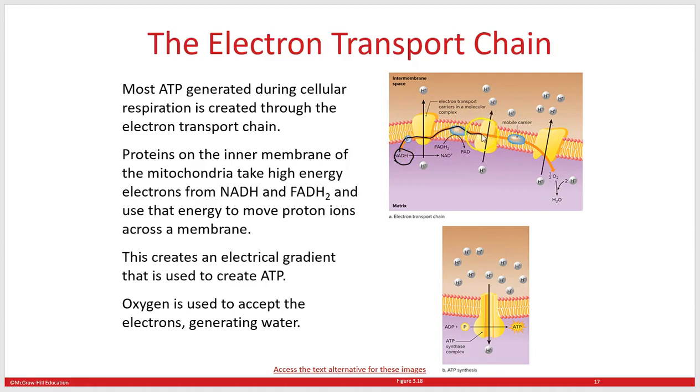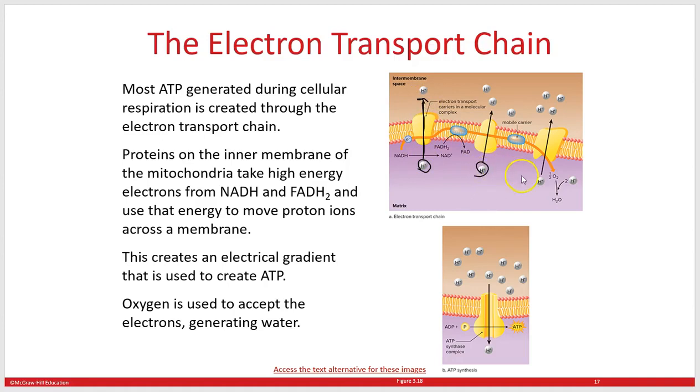And as they move across, those electrons power on these protein complexes. So they basically turn them on. And these protein complexes are just proton pumps. If you look here, you see a proton. This proton will then move from inside the inner membrane, or the matrix, to this intermembrane space.